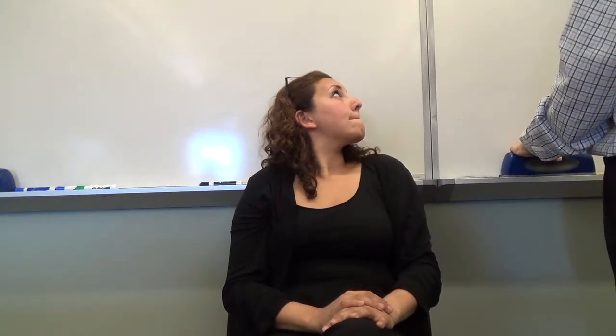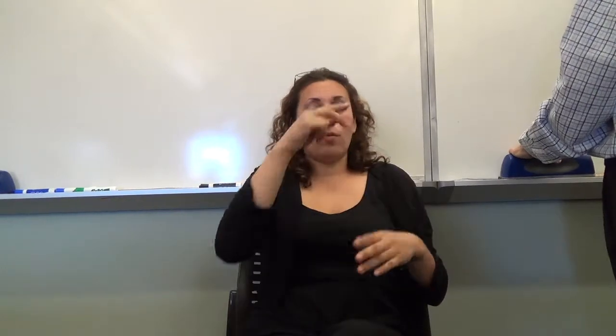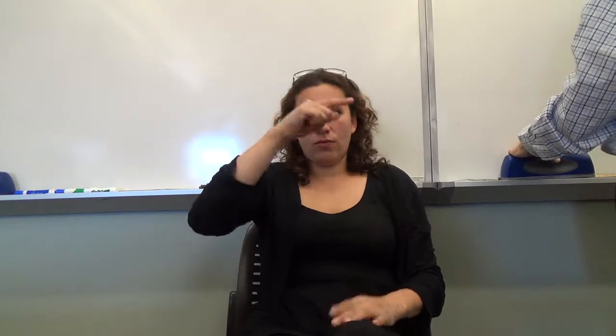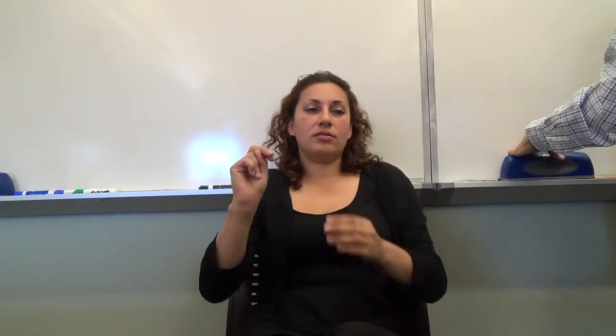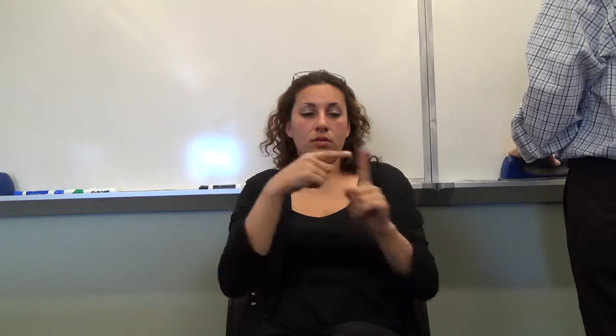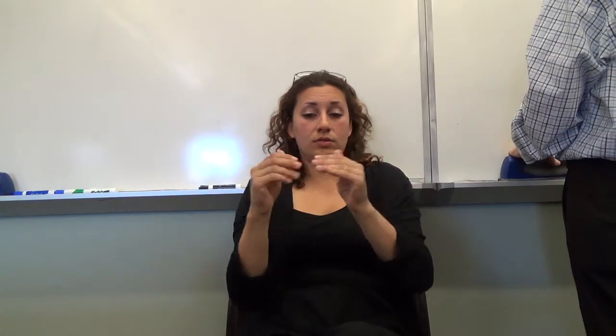Okay, rules for multiplication of signed numbers. Positive times a positive equals a positive. Positive times a negative equals a negative. A negative times a positive equals a negative. A negative times a negative equals a positive.